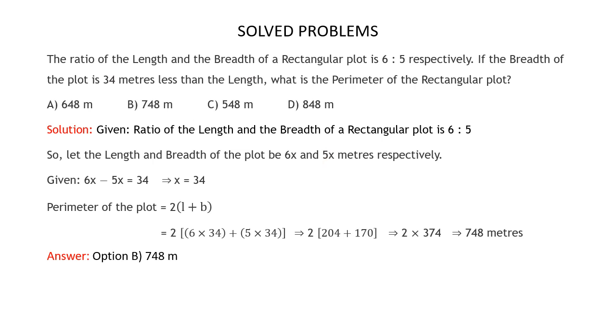Since x is 34, breadth would be 5 multiplied by 34. So now we have perimeter of the plot is equal to 2 multiplied by 6 multiplied by 34 plus 5 multiplied by 34. On solving this, we get the perimeter of the rectangular plot as 748 meters. So the correct answer is option B, 748 meters.